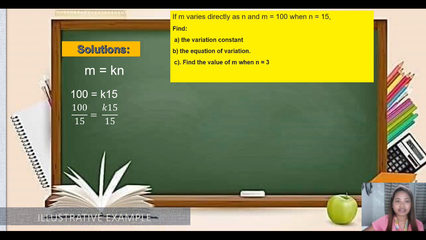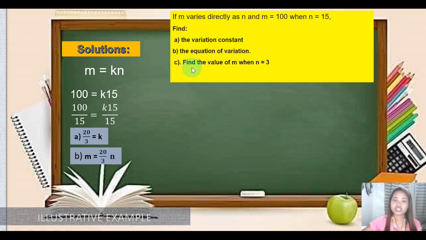So 100 divided by 5 is 20 and 15 divided by 5 is 3. Therefore, if we simplify, the answer is 20 over 3. That is the value of K, the variation constant. So therefore, substitute it to get the equation of variation. It will become M is equal to 20 over 3 N.